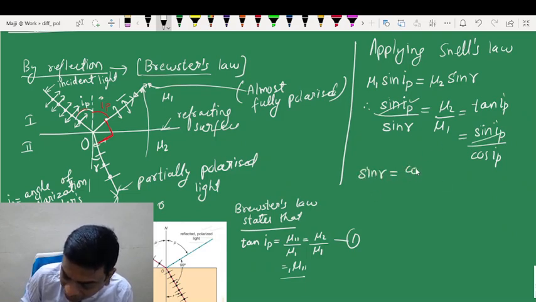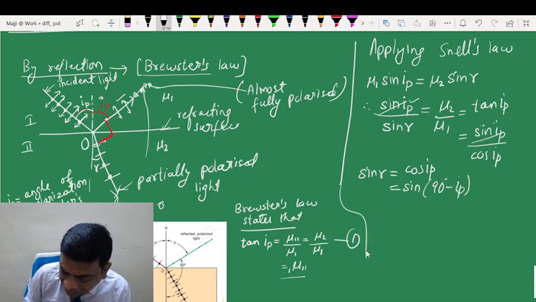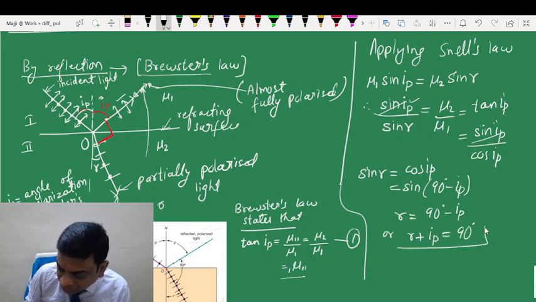So sin R will be equal to cos IP. Cos IP can be written as sin of 90 degrees minus IP. Taking the sine inverse on both sides, R is equal to 90 degrees minus IP, or angle of refraction plus polarizing angle is equal to 90 degrees.